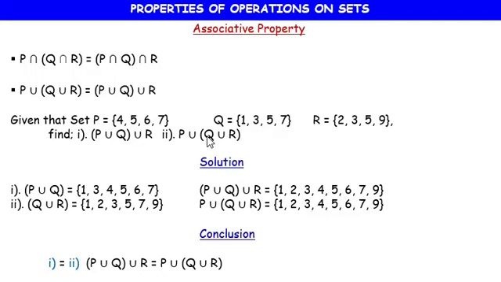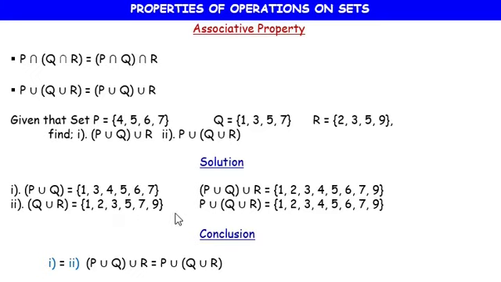And then we also compare Q union R with set P, and then we also merge the two sets, right? So we are going to find P union Q union R. We are just going to add set P to this set.